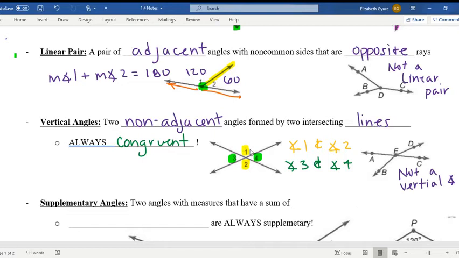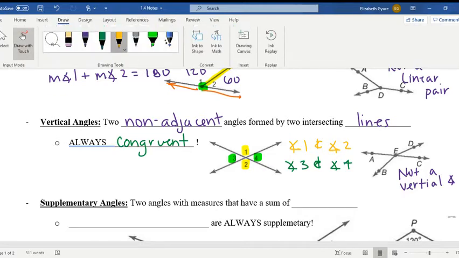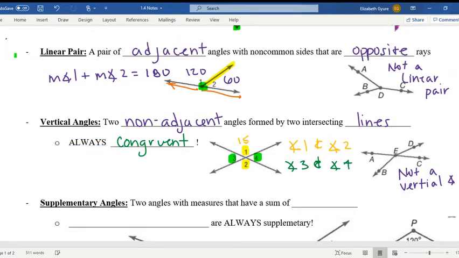So those angles that are opposite each other here that are vertical are going to be congruent. So for example, let's say I told you angle 1 was, I don't know, how about 150 degrees? That means angle 2 is also 150 degrees. And in fact, you could use that to find 3 and 4.